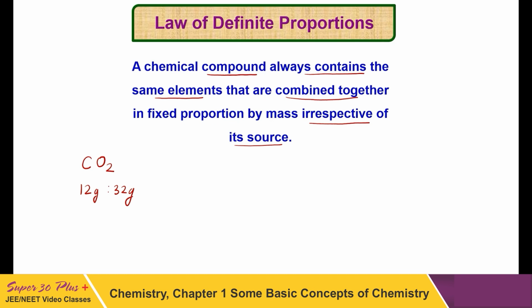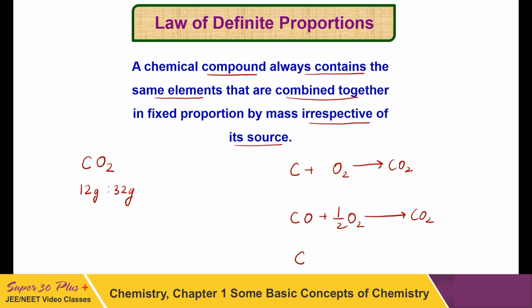Now we can produce CO2 in so many ways, by many different reactions. For example, C plus O2 gives CO2. Please let me correct myself, it is not half O2, guys, it is O2. CO plus half O2 gives CO2.